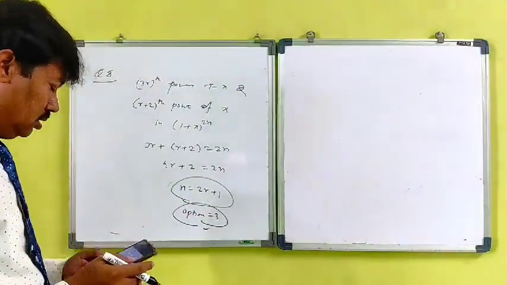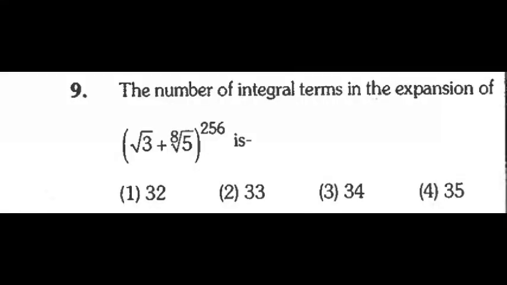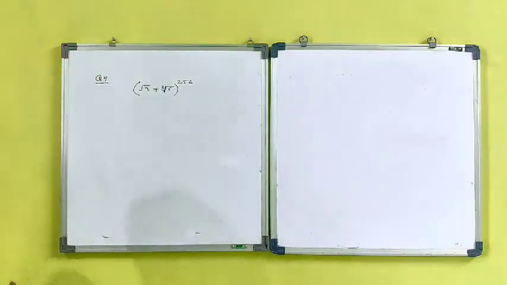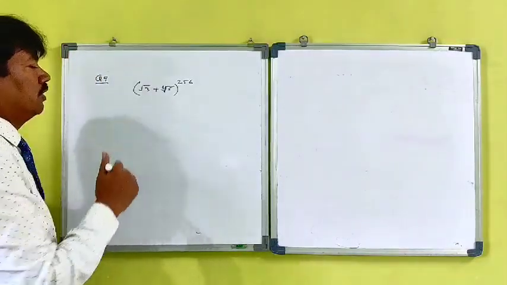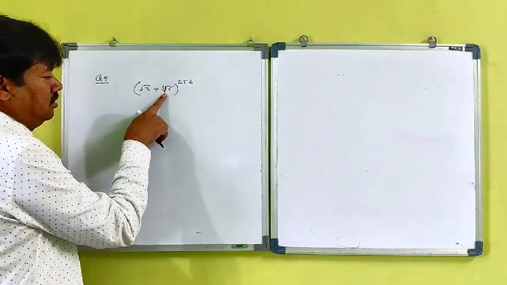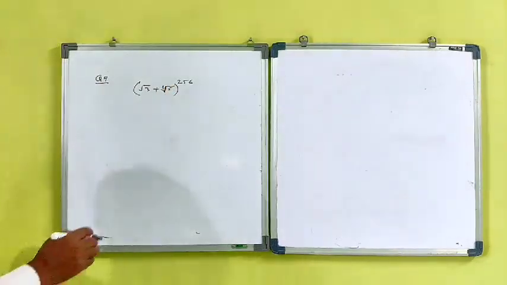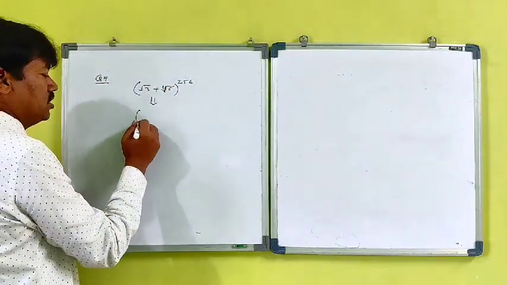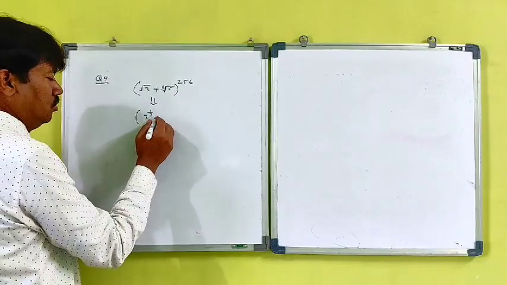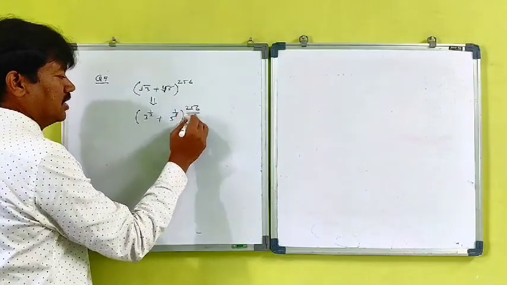Next, question number 9. So question number 9 here, (root 3 plus 5 raised to 1 by 8) raised to 256. So this can be written as (3 raised to 1 upon 2 plus 5 raised to 1 upon 8) raised to 256.